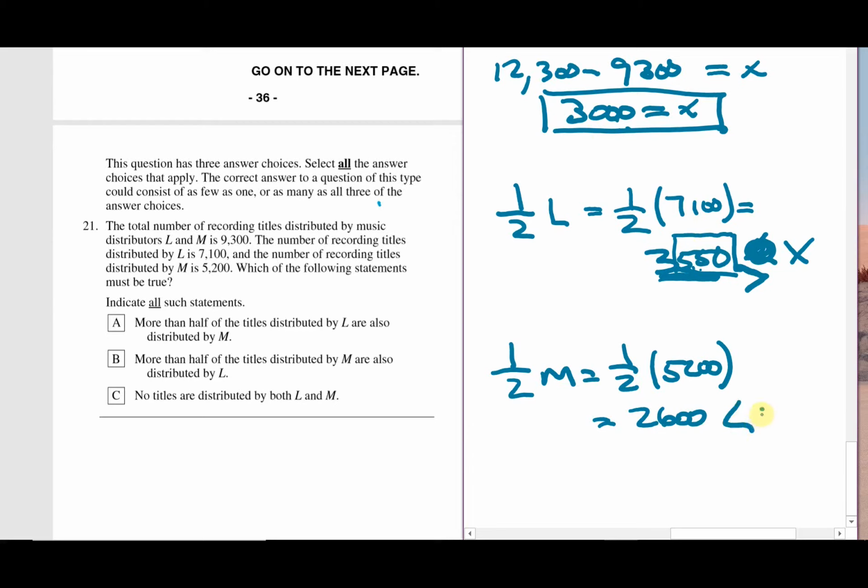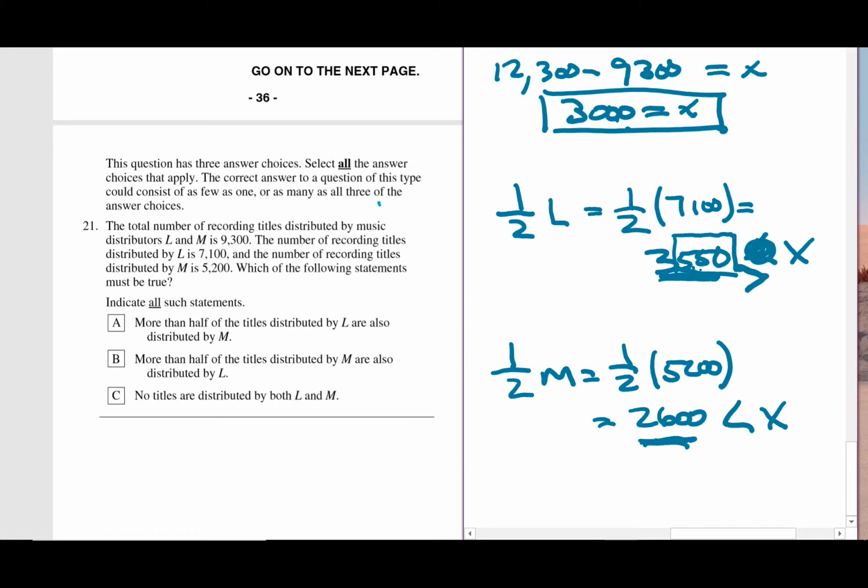Now this is less than x, so for B it says more than half of the titles distributed by M, which is 2600, are also distributed by L. Well, yes, because within this set, 2,600 of the titles distributed by M are within the set of 3,000. It could be any of those elements.